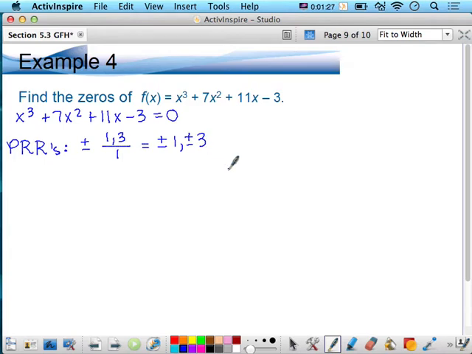So I need to figure out which one of those to perform synthetic division on. Now remember, we could just start trying synthetic division until we get to one that produces a remainder of 0. But we're going to cheat a little bit and take a shortcut and go to our calculator and type in our polynomial and use our calculator to help us find that first 0.